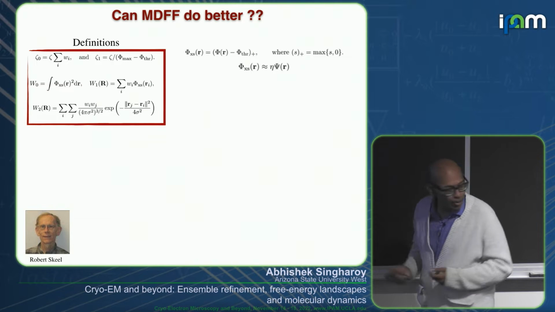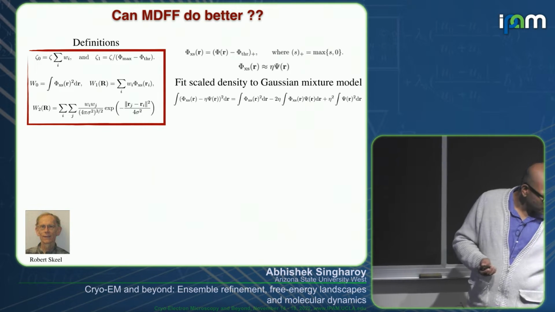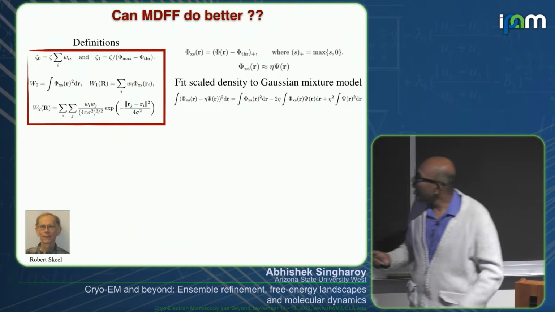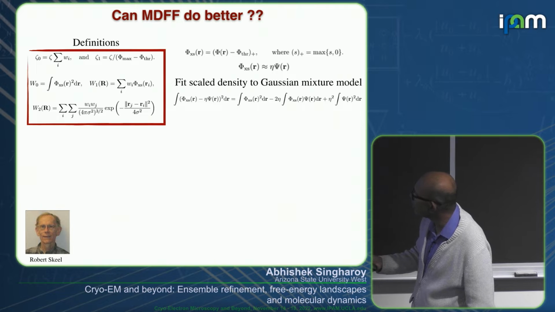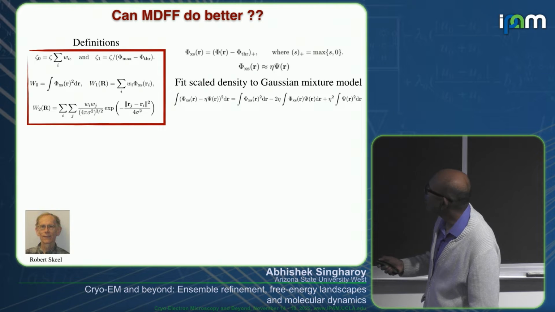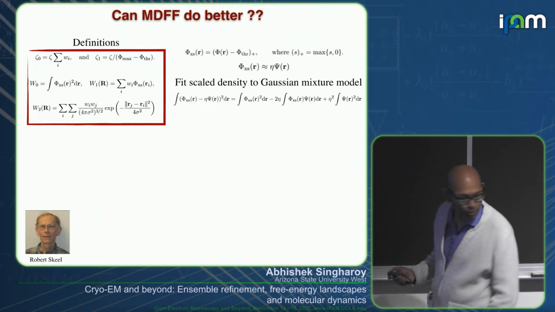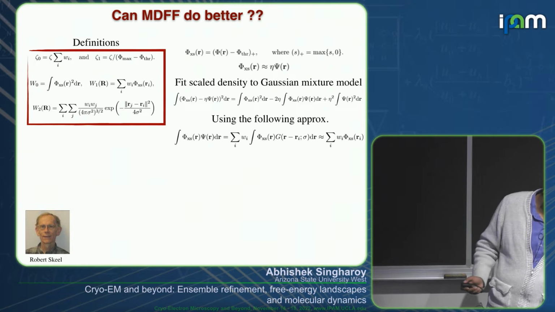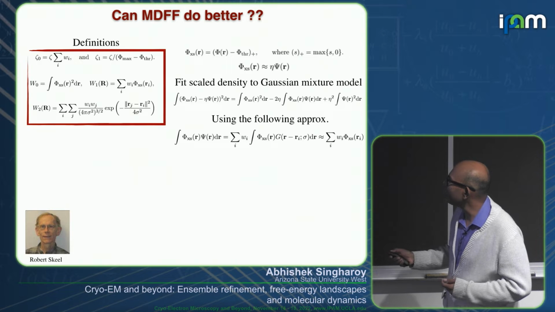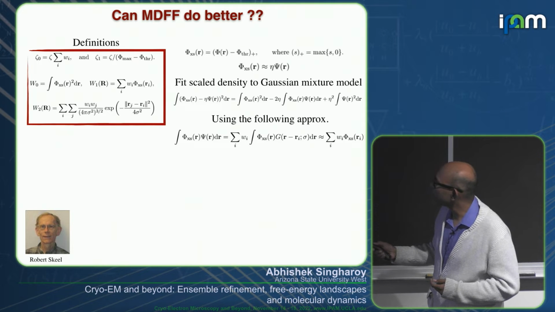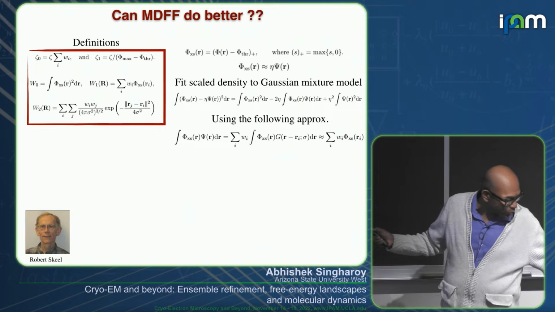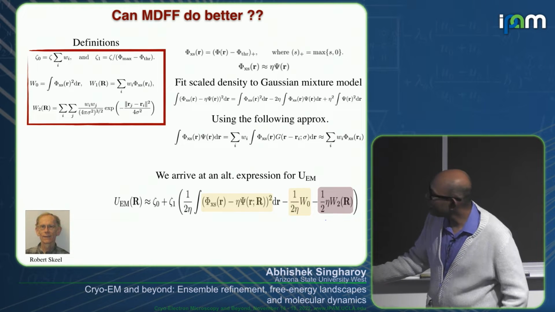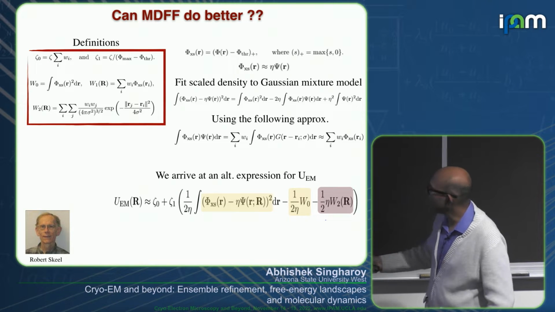This 3D density can be written using a Gaussian mixture model. And in fact, one can now figure out the difference between the 3D density and the Gaussian mixture model, and one comes out with a very simple algebraic form of this difference. Let me also plug in the Gaussian mixture model, let's call it G. Essentially, using the Gaussian mixture model, we can rewrite this U_EM using three terms.